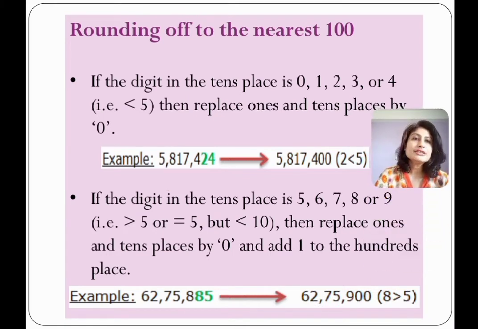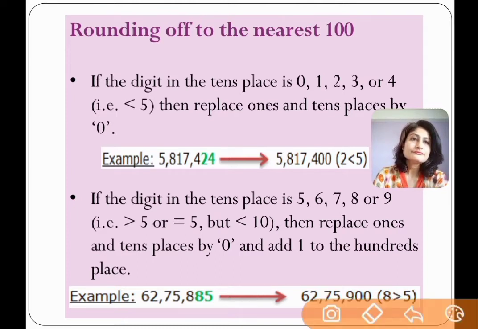Now the next thing you need to consider is if the digit in the tens place is 5, 6, 7, 8 or 9, that means if it is greater than or equal to 5, then replace the ones and tens places by 0 and add 1 to the hundreds place. So here, what is given in the tens position? It is 8. That means it is greater than 5. Yes.